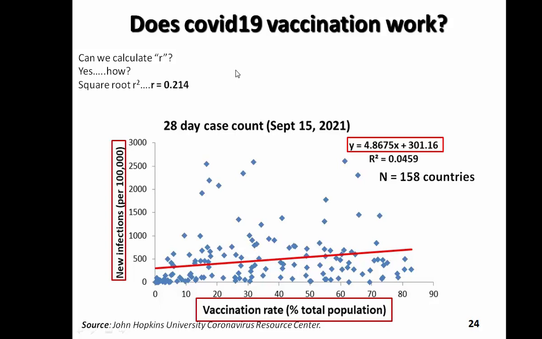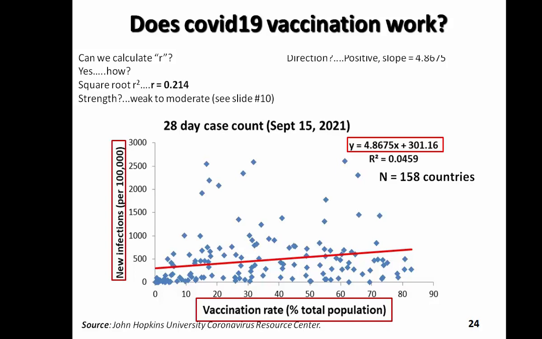To calculate the correlation coefficient, the Pearson product moment correlation, we would just simply take the square root of 0.0459, and that gives us a correlation of 0.214. This would suggest to us that this is a weak to moderate correlation, probably more on the weak side.